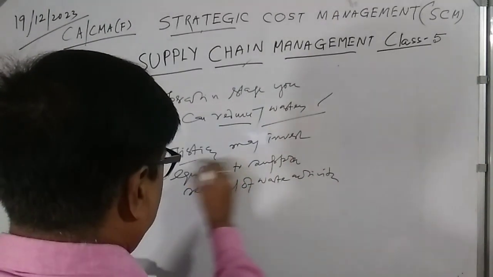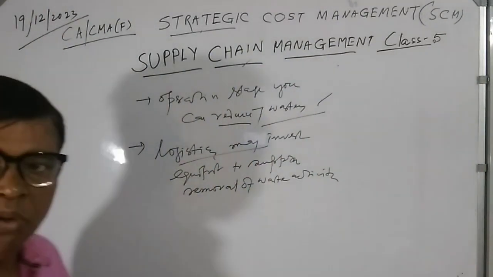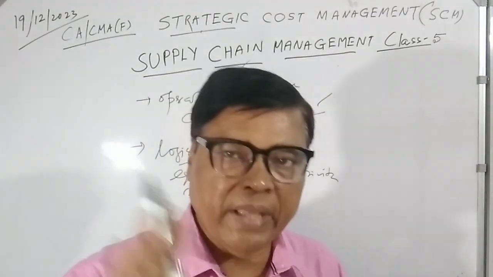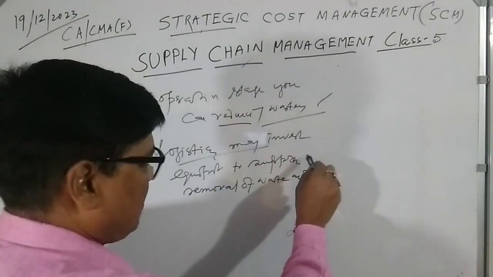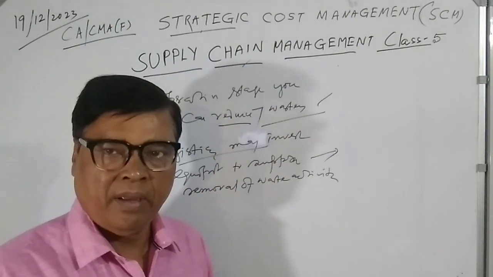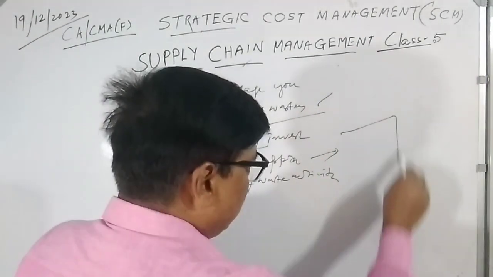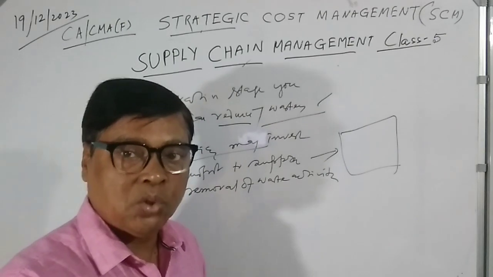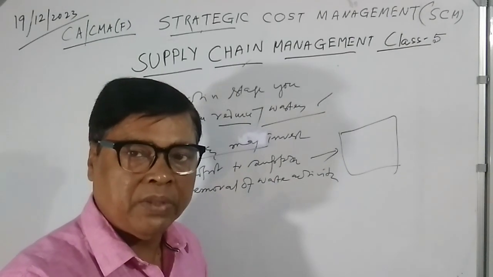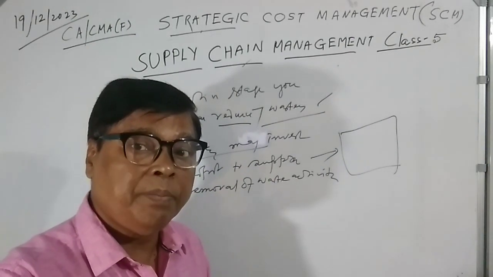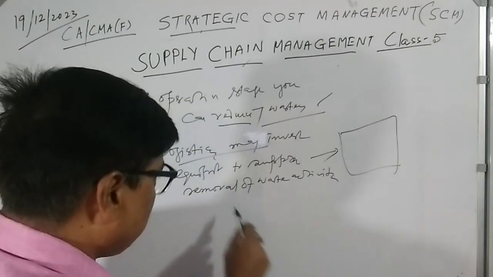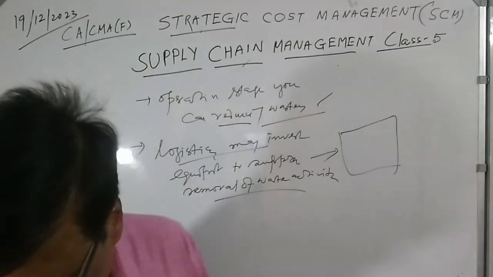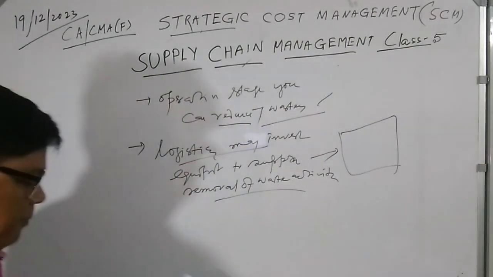Your logistic activities mean your transportation system. In that transportation system, sufficient cranes should be there, and your material handling channel should work properly for unloading and storing. That logistic process should be very fast and efficient, so that waste minimization can be done. This is one point.